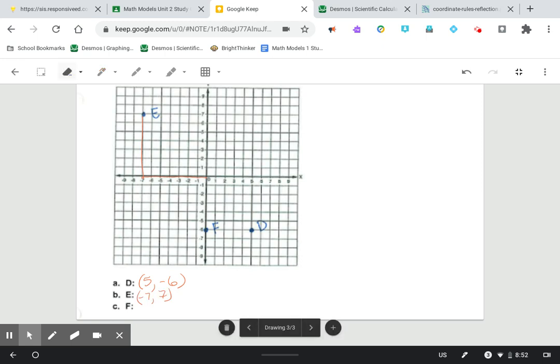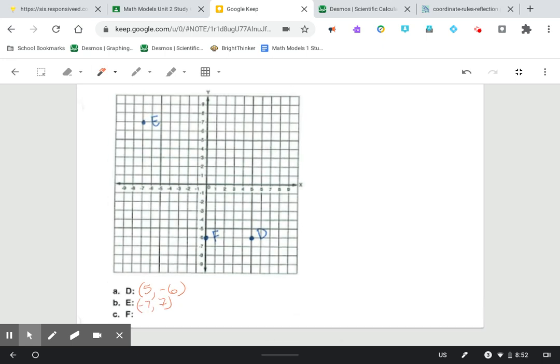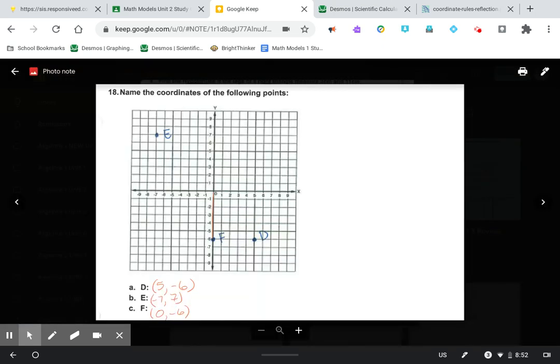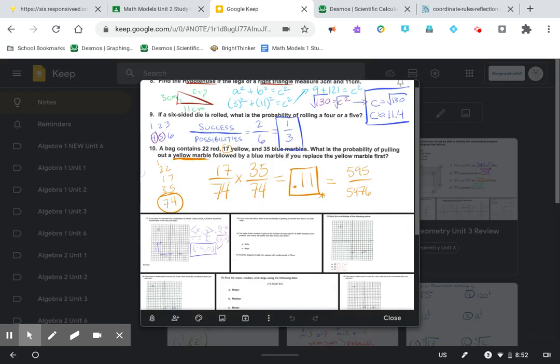And then for point F, it has a value of 0 on the x, -6 on the y. So those are your solutions for number 18. There you go.